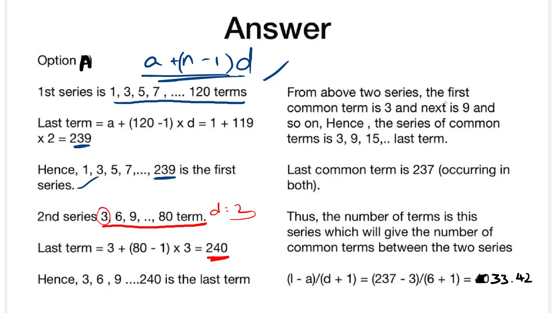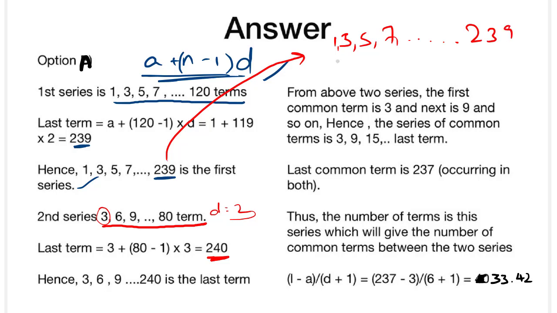From the first series we will get 1, 3, 5, 7 and so on till 239.